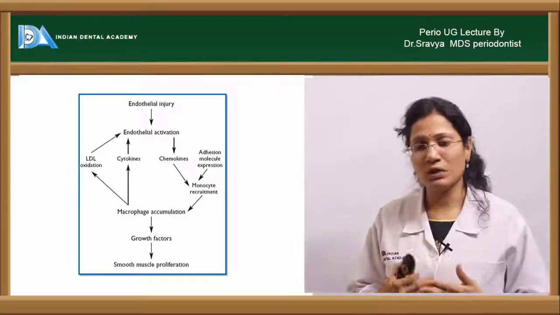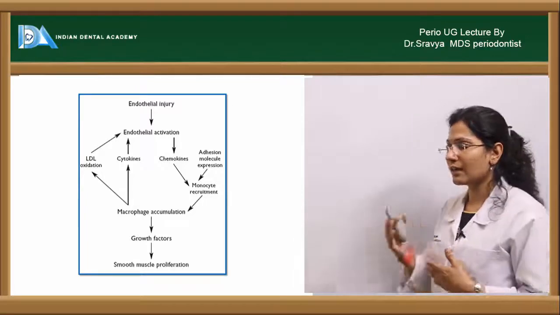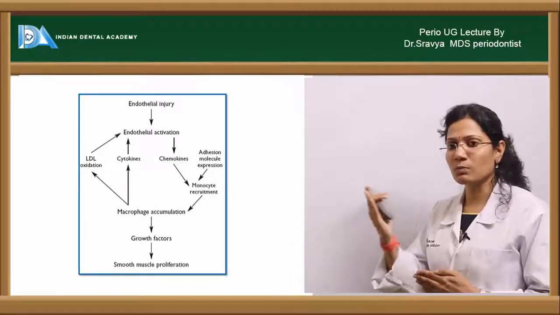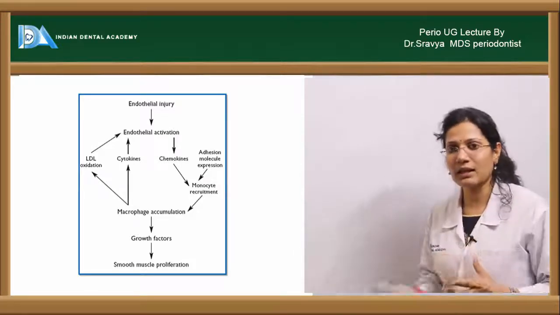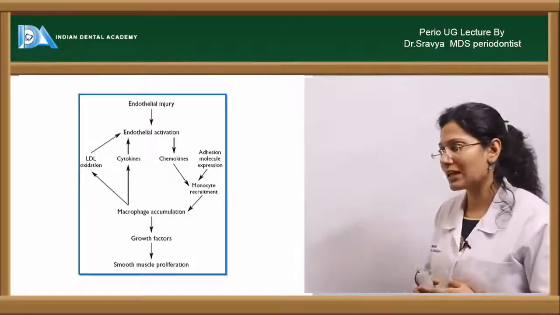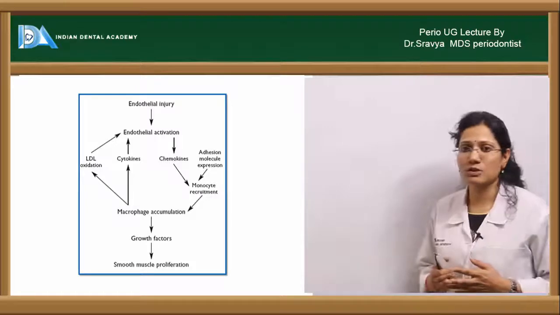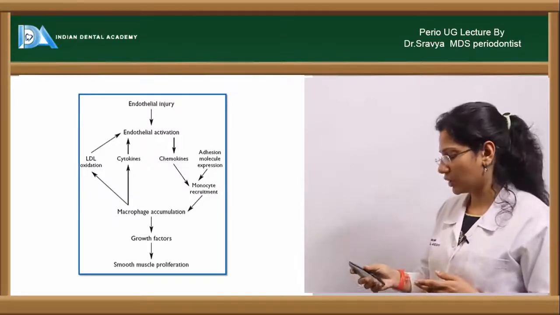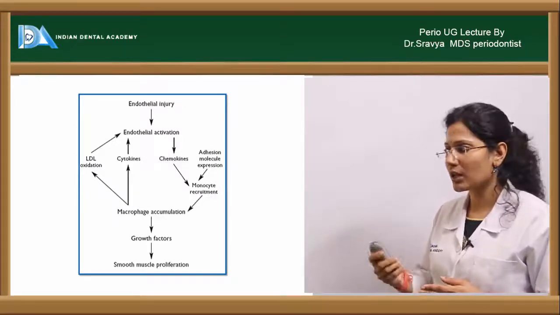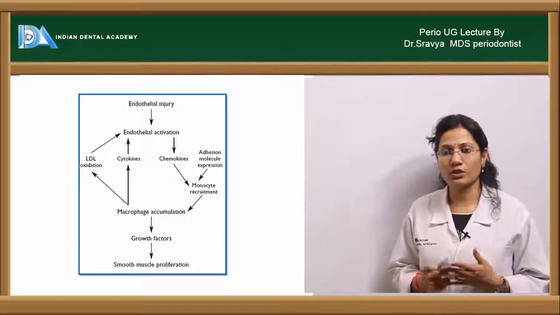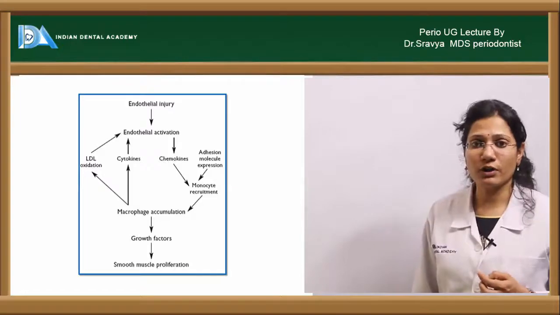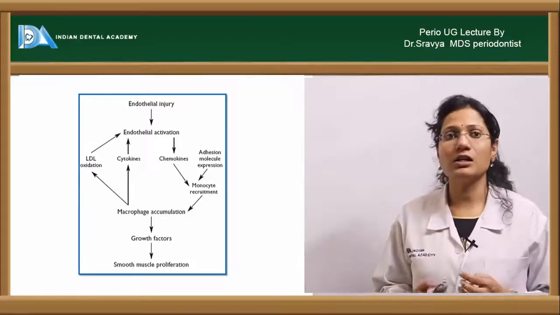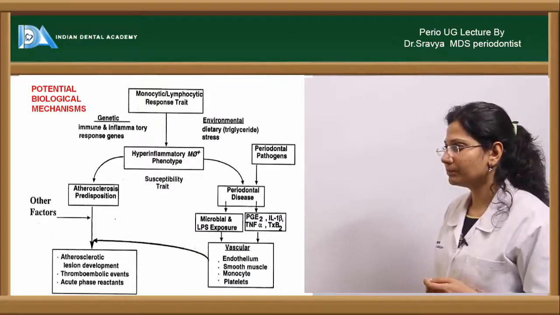Your low density lipoproteins get oxidized and further stimulate the endothelial cells to release more chemokines, attracting more monocytes to the recruitment site and expressing lots of adhesion molecules. This leads to accumulation of macrophages, which finally liberate growth factors, leading to proliferation of the smooth muscle cells and closure of your lumen.